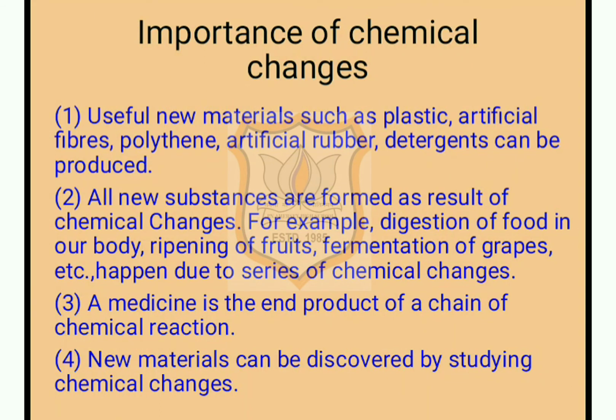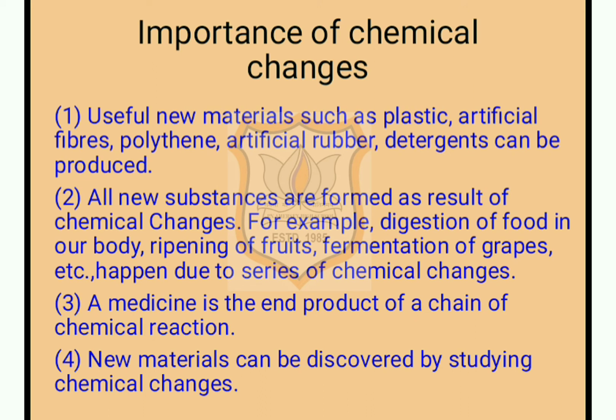Now I will explain how chemical changes are important in our lives. Chemical changes are important in our lives in the following ways. Useful new materials such as plastic, artificial fibers, polythene, artificial rubber, detergents can be produced by chemical changes, and all new substances are formed as a result of chemical changes.